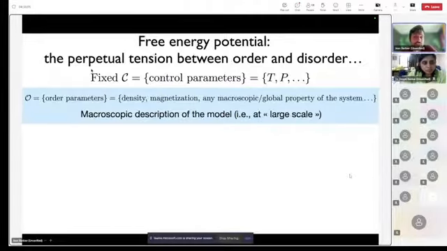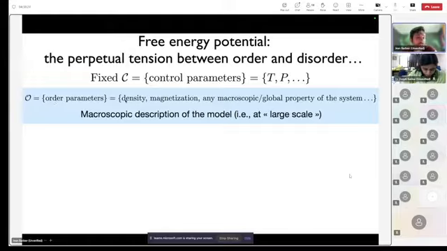In physics, we like to describe things in terms of control parameters, which are quantities that an experimentalist can tune, like the temperature, the pressure. And the way we describe the system at the macroscopic level are these so-called order parameters.